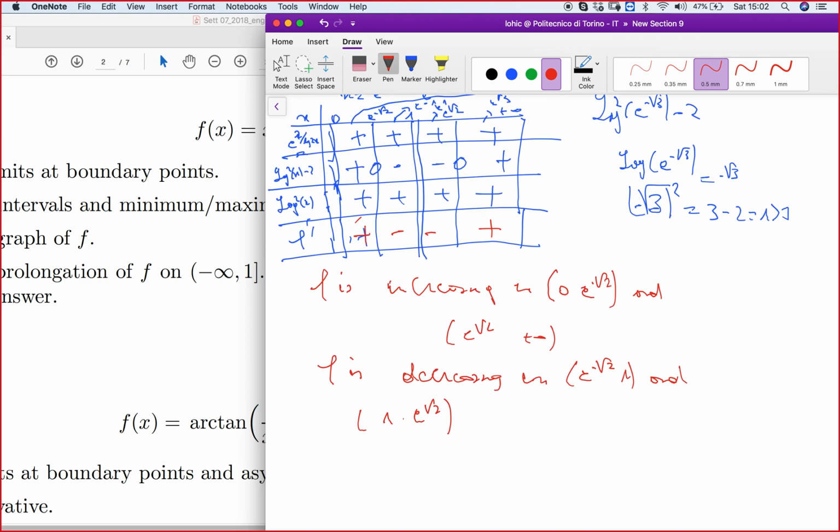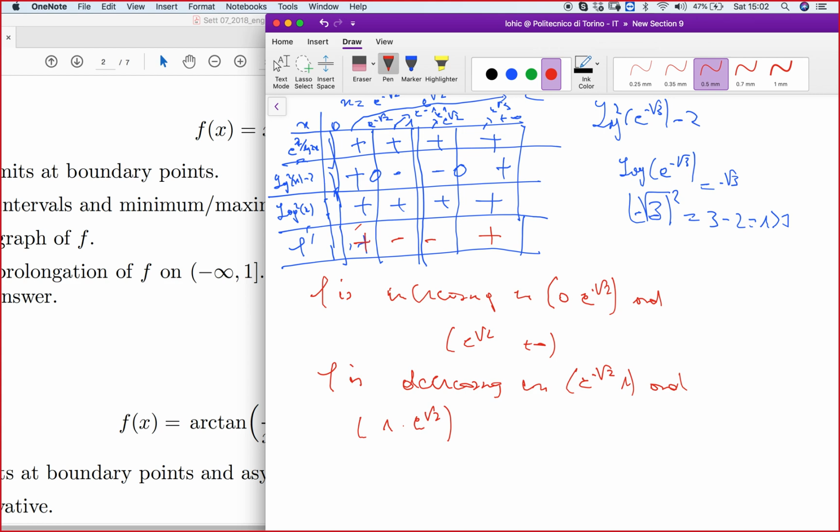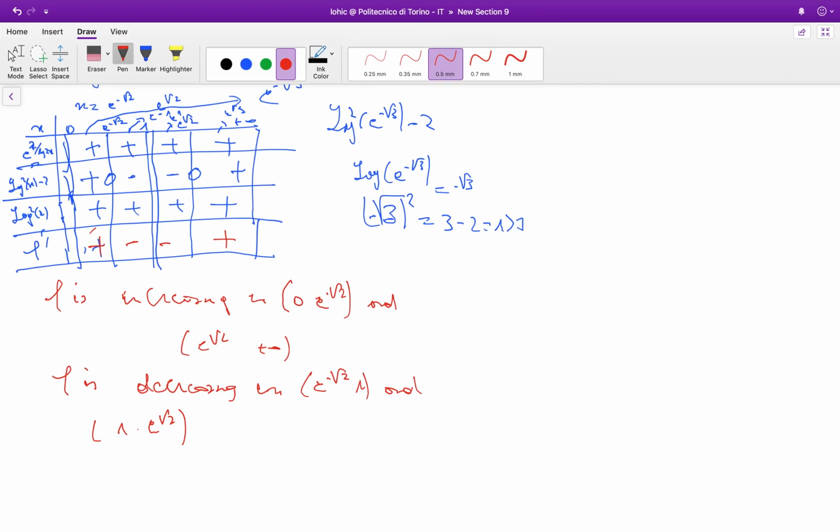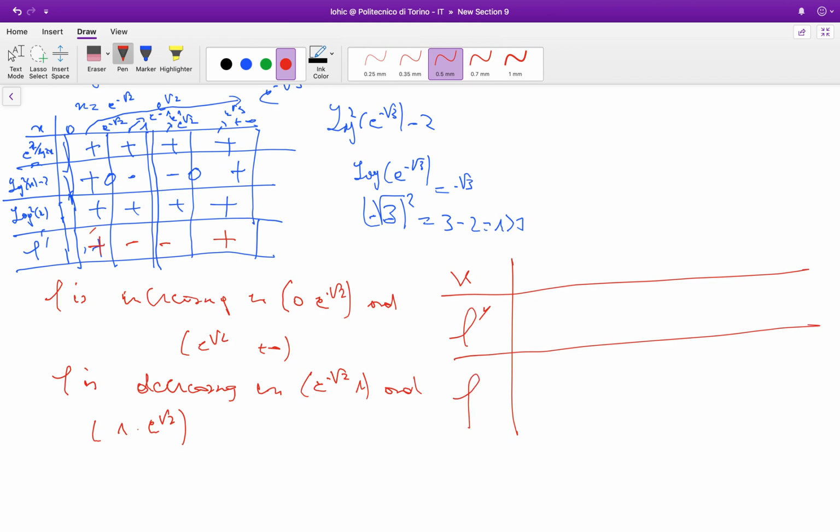You can easily see that if we summarize it by drawing the final table of the function, that will be x, this will be f prime, and this will be f. The domain is from 0 to plus infinity. We have exponential of minus root 2, 1, and exponential of root 2. We have that the derivative is positive, negative, negative, positive.